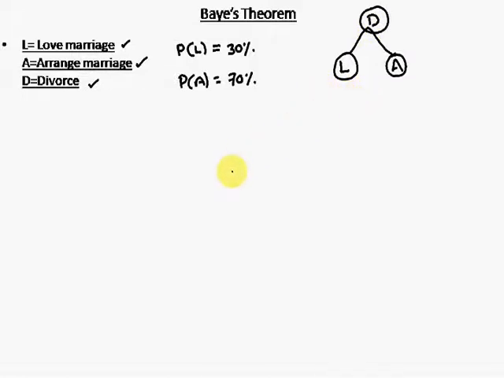Now in the problem he is going to give one more piece of data, that is probability of D given L occurs. Let it be 6%. What is the meaning of D given L occurs?